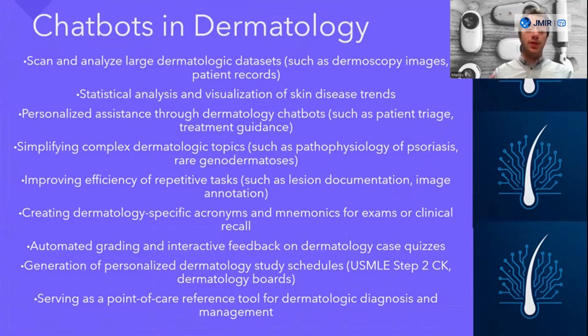We can use it for statistical analysis or for search purposes, also in order to simplify or clarify a complex concept in dermatology. And also we have seen medical students using them in a creative way, such as in order to create mnemonics or acronyms in order to retain complex knowledge such as rashes, treatments, or syndromes.